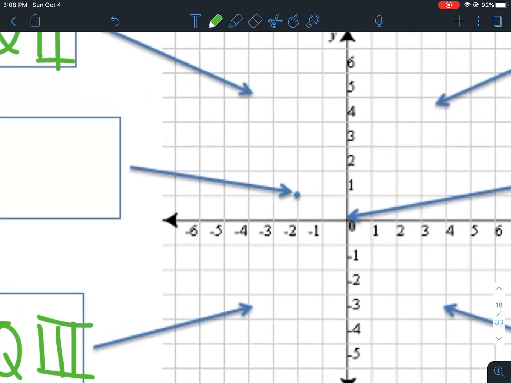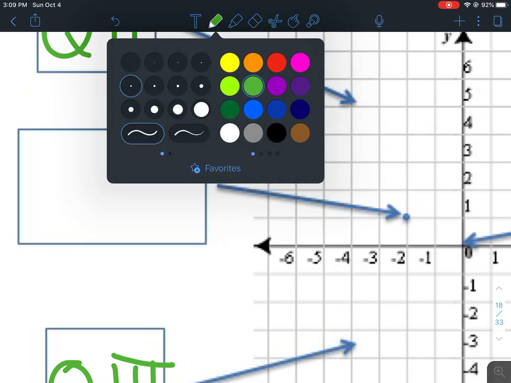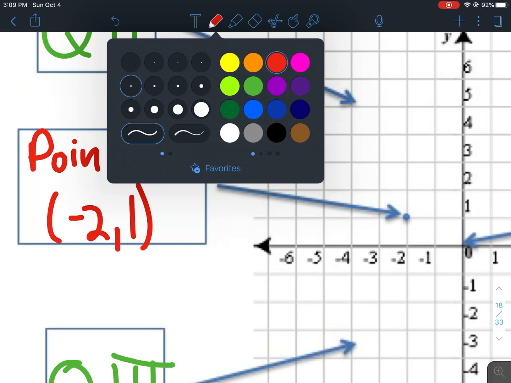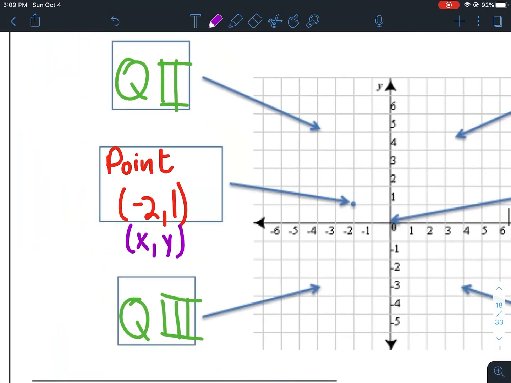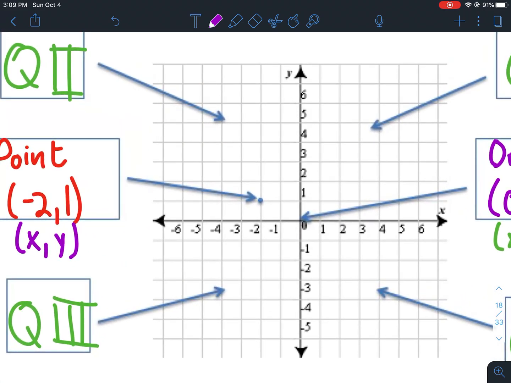Alright, and then we have an example of a point. So this point that we have there, that would be the point (-2, 1). And again, just like I just mentioned, this is your x, y point on the coordinate plane.